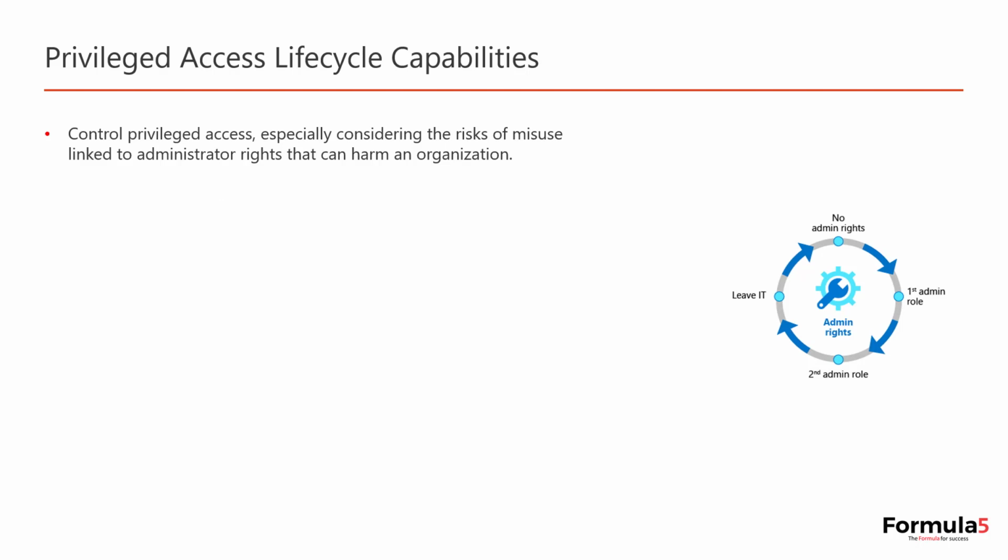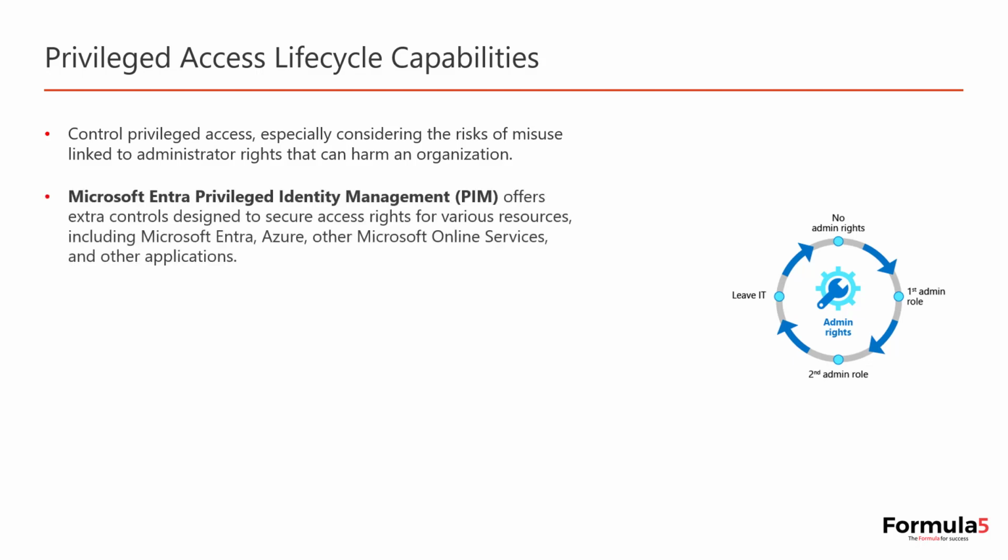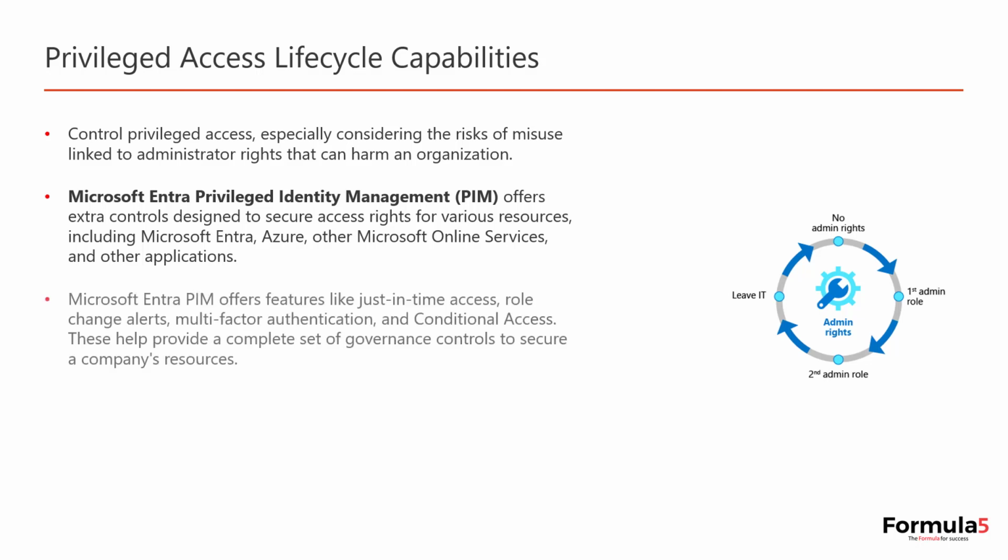There are also privileged access lifecycle capabilities in Microsoft Entra ID Governance. We can control privileged access, especially considering the risk of misuse linked to administrator rights that can harm an organization. Microsoft Entra Privileged Identity Management, or PIM, which is a feature of ID Governance, offers extra controls designed to secure access rights for various resources, including Microsoft Entra, Azure, other Microsoft Online services, and other applications.